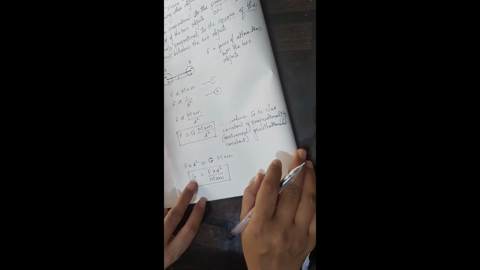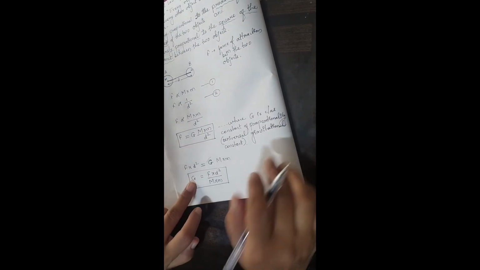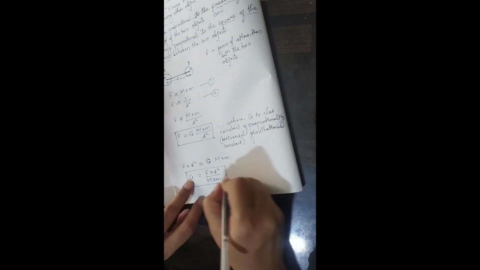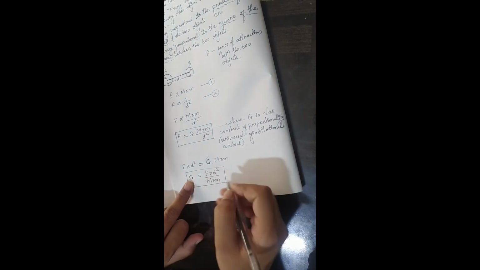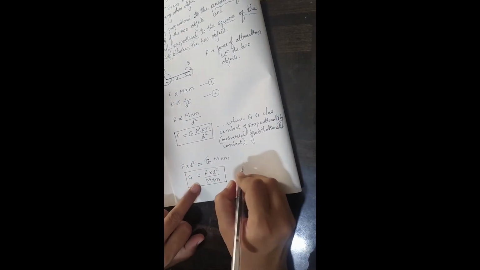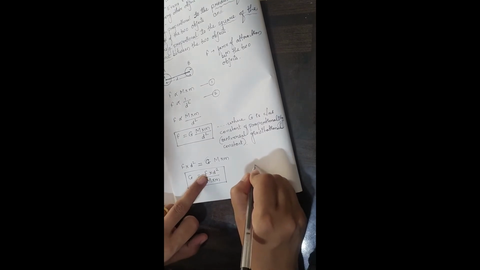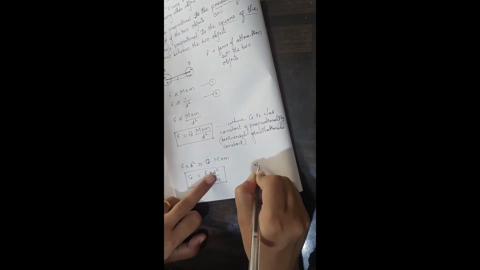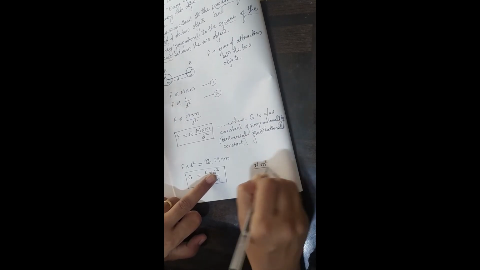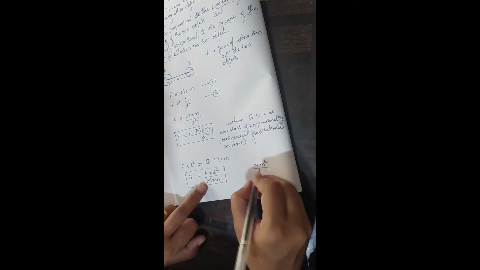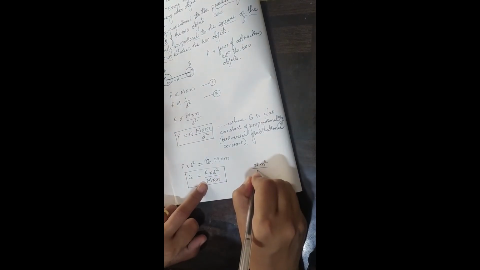Now to find its unit, we can substitute the units of all these physical quantities. The unit of force is Newton, the unit of distance is meter, so the unit of distance square is meter square, upon the unit of mass, which is kg.